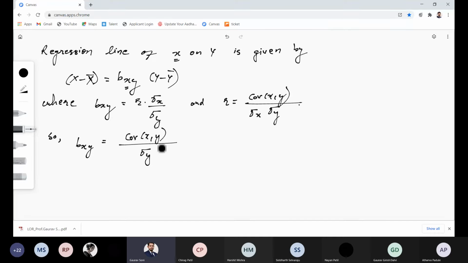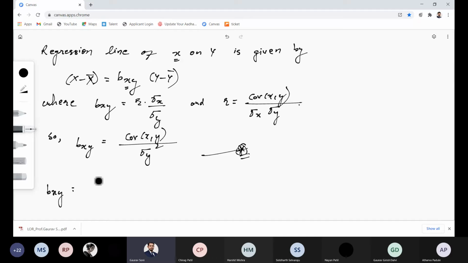upon sigma y square. Look, these relations I am writing are very important because in some examples or MCQs they may be needed. But of course, if you just want to find the regression coefficient bxy or the regression line, then these are not needed. We can simply do it by the formula that we have derived.